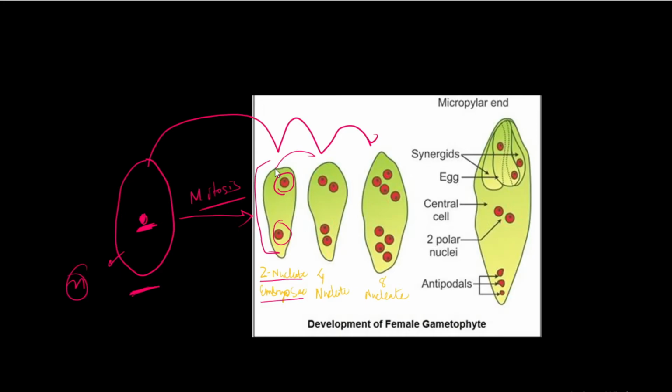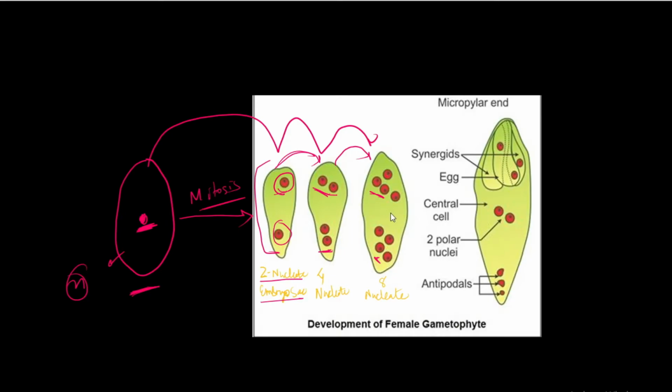Then again it undergoes mitosis, and from these two, four nuclei are formed. Then again it undergoes mitosis, and from these four, eight nuclei are formed. In total, 8 nuclei are present in a single megaspore.